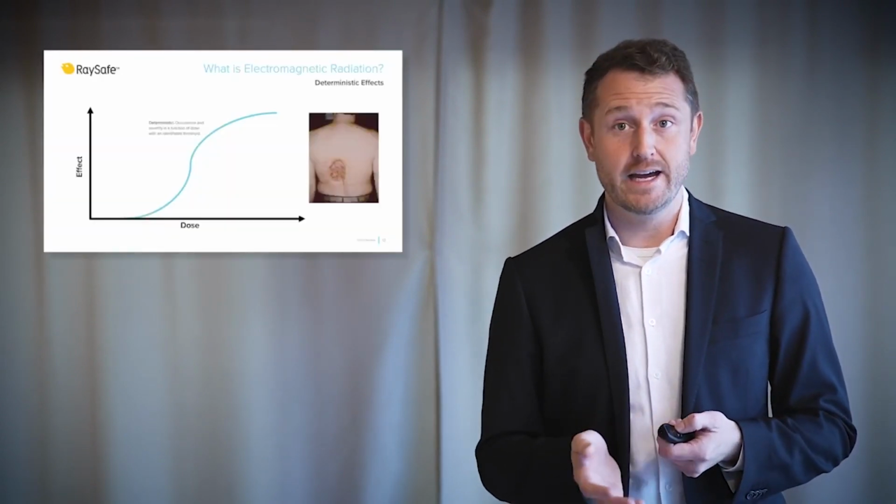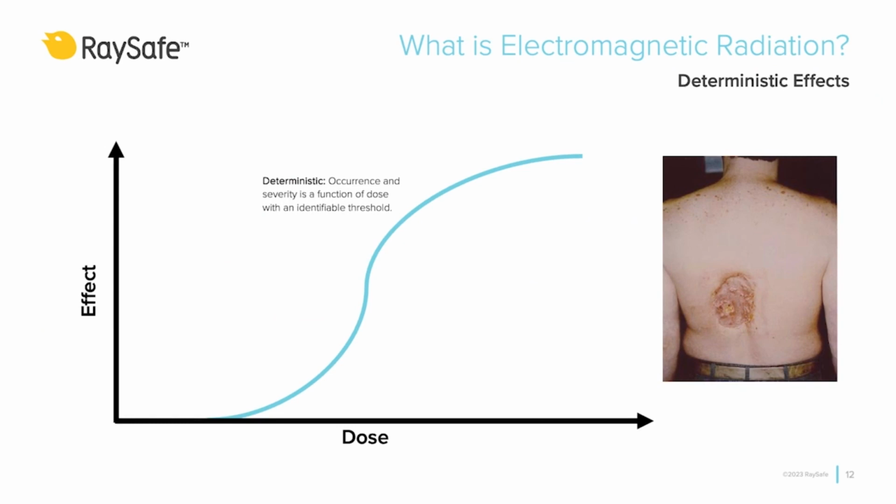For example, localized doses to certain parts of the body at a known radiation level will result in the same biological effects. Deterministic effects are caused by severe cell damage or cell death.